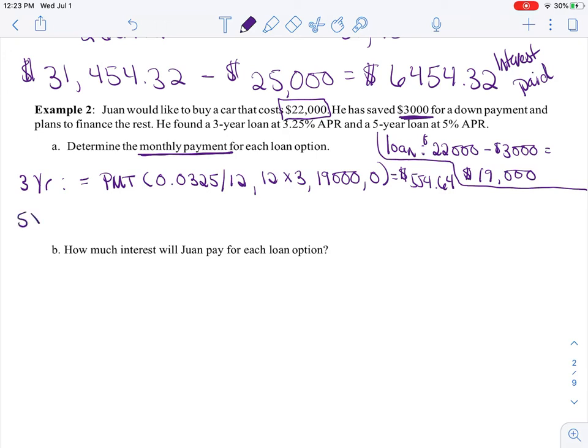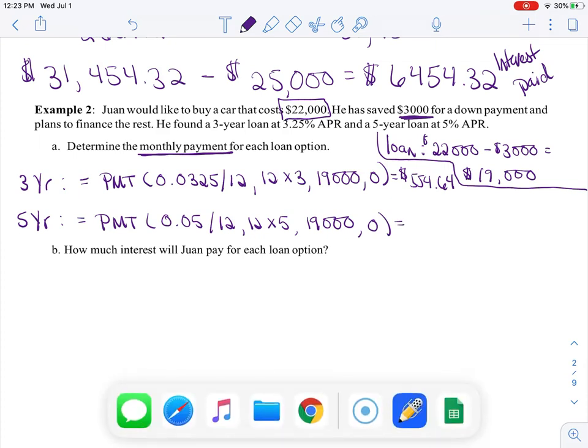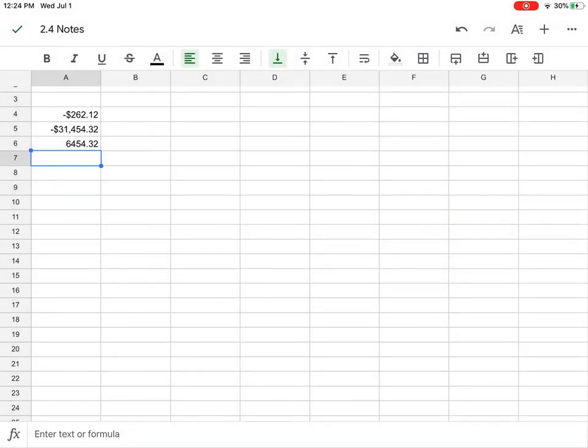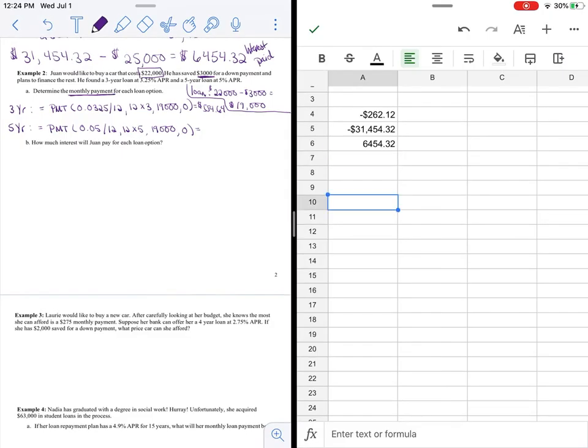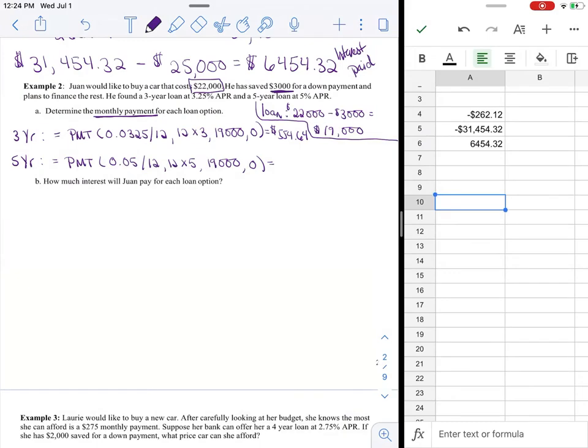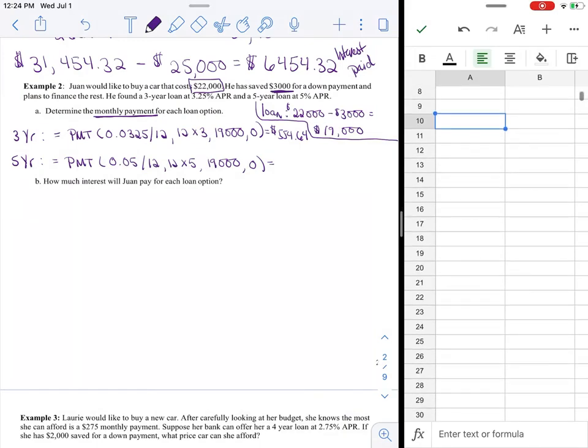Now, if I do it for the 5-year, equals payment, my rate is 0.05, doing it monthly, but I'm doing this for 5 years, same loan amount, and I want to get it down to 0. And just in case I don't lose you at all, I will bring this one up and we'll do this one together in case the spreadsheets are still giving you issues.